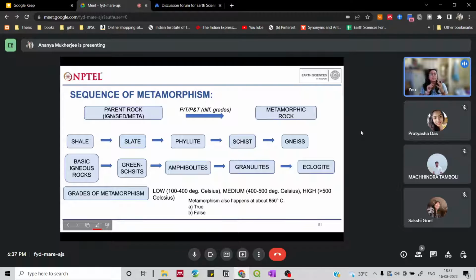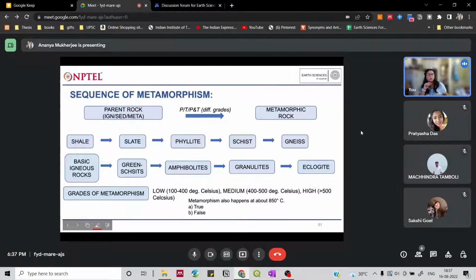So we can understand how certain metamorphic rocks are formed, and it also dictates the minerals that would be formed in the metamorphic rock. Basically, you can have an igneous, sedimentary, or metamorphic parent rock, also called the protolith. Then you have either pressure acting on it, or temperature, or pressure and temperature acting on it at different grades. Then you have a metamorphic rock. So this is a sequence.